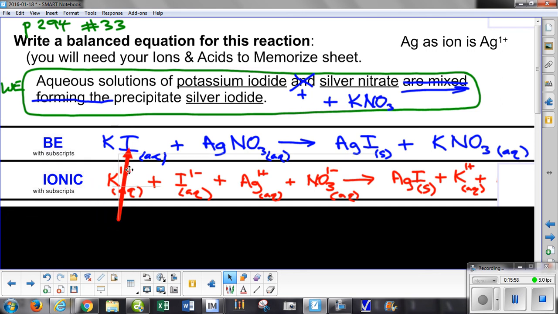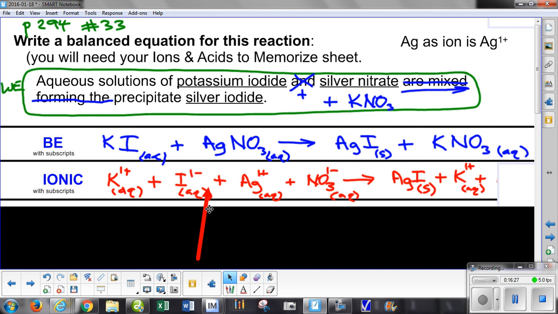I have 1 iodide. Now iodine is in column 17 of the periodic chart, and potassium is in column 1. So column 1 is always 1 plus, and you'll see that on the sheet that I showed you at the very beginning of the video. The charges for the elements that are not polyatomic ions you can get from the column they're in on the periodic chart.